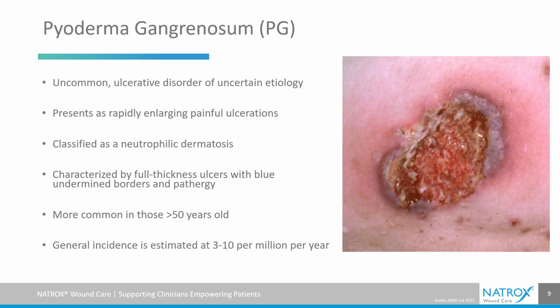Patients present with a rapidly enlarging painful ulcer, typically classified as a neutrophilic dermatosis, characterized by full thickness ulcers with a blue or violaceous undermining border that display pathergy. More common in patients over the age of 50, and the general incidence is estimated to be 3 to 10 per million per year.